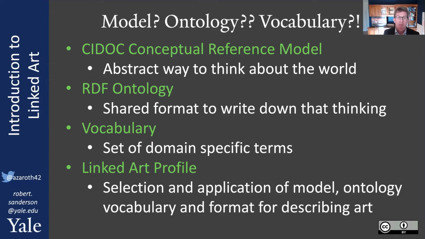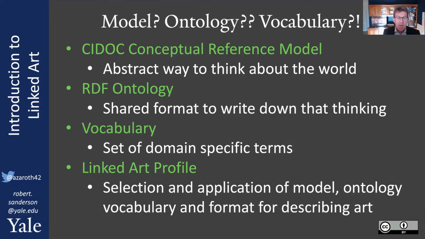So for Linked Art, that is primarily artwork, but we're also looking at how non-artwork related museum content could be integrated, perhaps at a reduced degree of functionality.